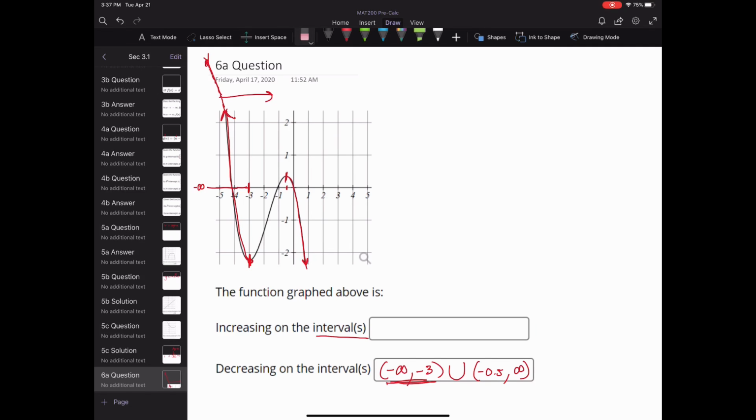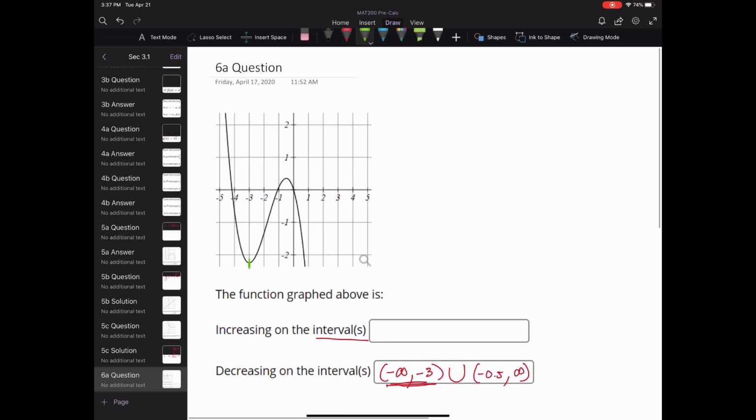Do you think we could do the same thing, but for increasing? It's going to be exactly the same thing. I'll do this one in green. The function graphed above is increasing on the interval from here to here.